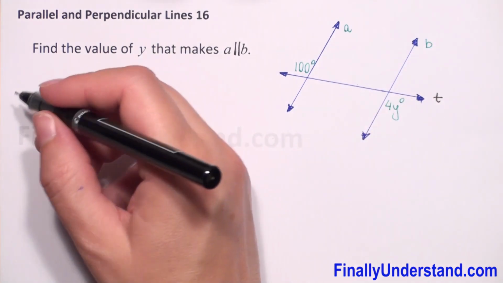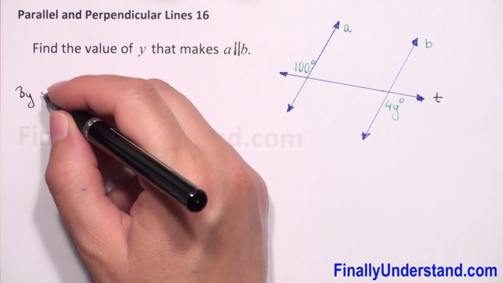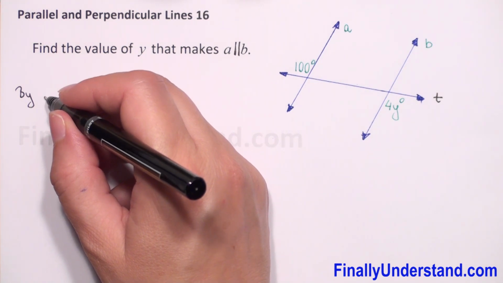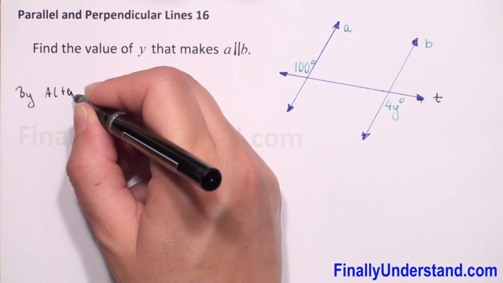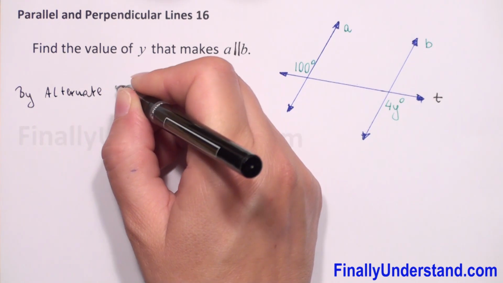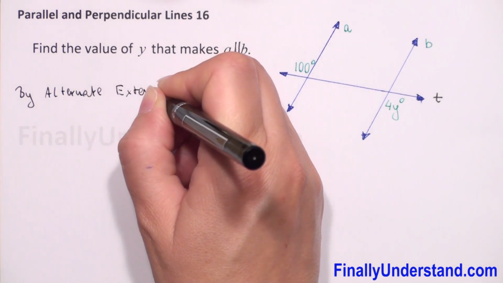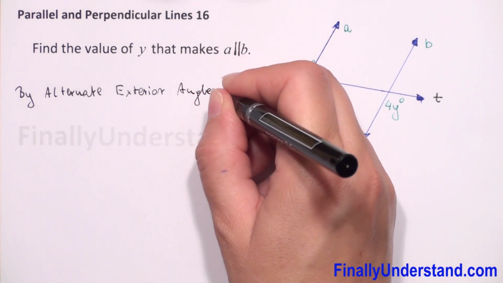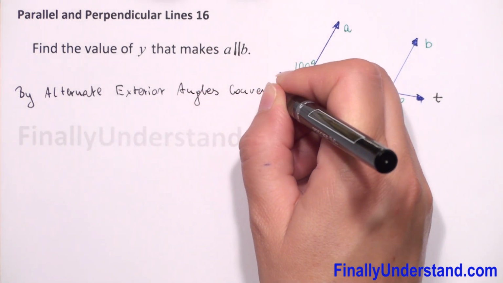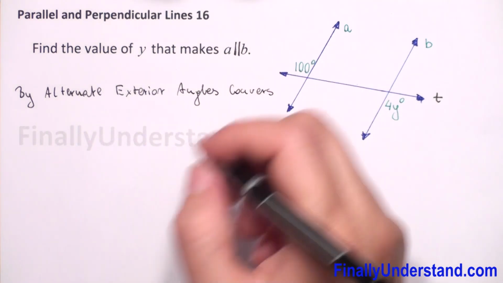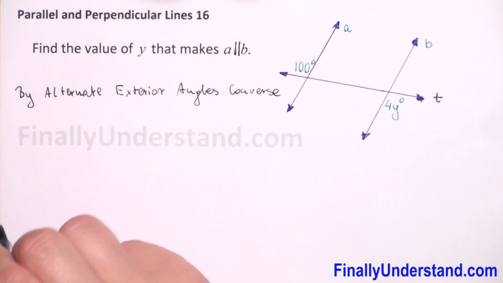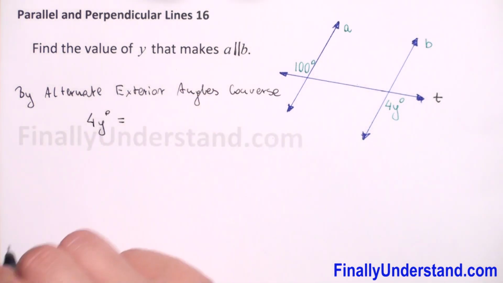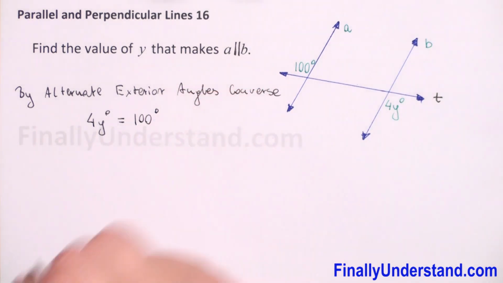So we have by alternate exterior angles converse that 4y degrees must be equal to 100 degrees.